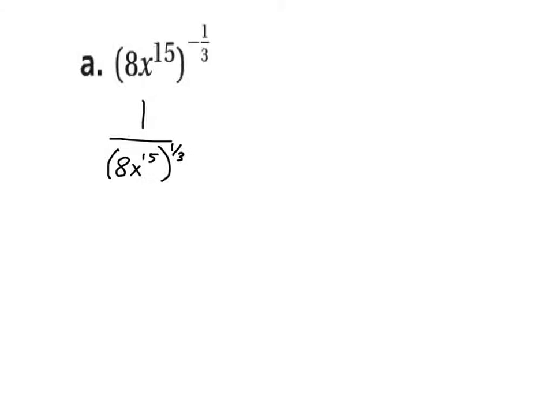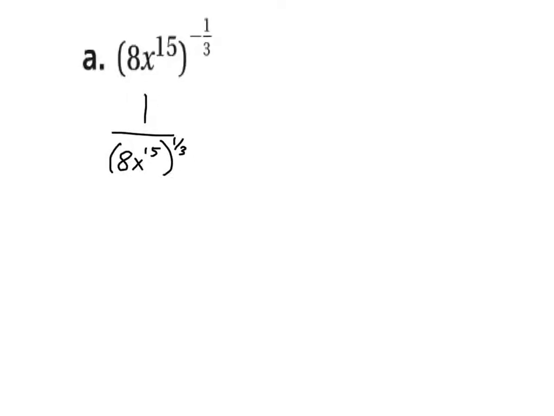So, now when I do this here, again, I'm going to change and break down 8 if at all possible. So if I can break down 8, I'm going to do so. 8 is going to break down to 2 to the 3rd. So this is really 1 over 2 to the 3rd x to the 15th, to the 1/3 power.